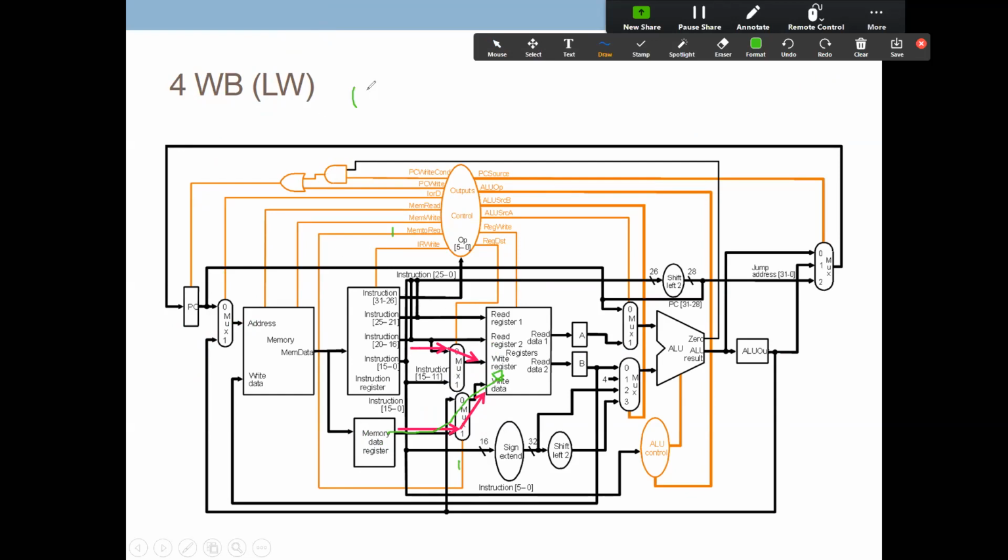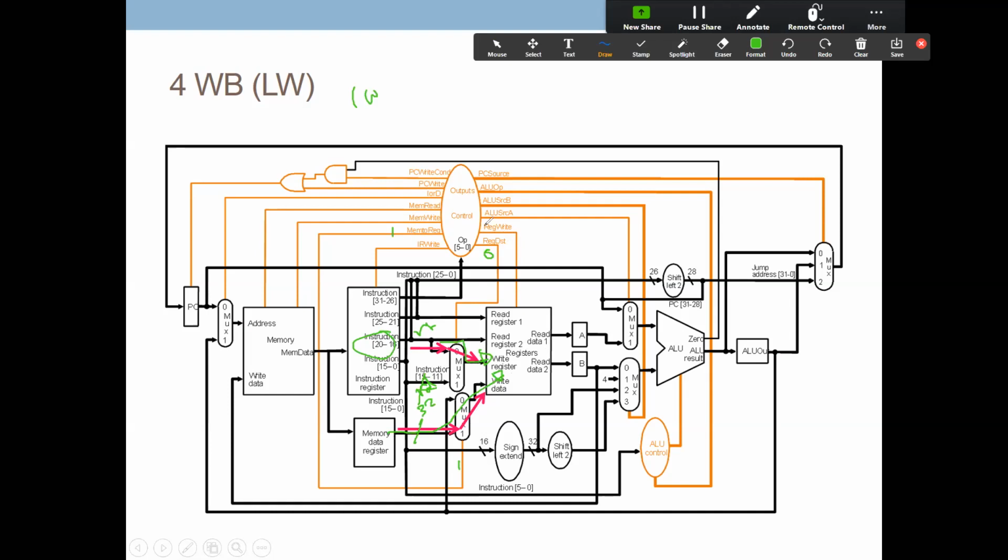And since this is a load, the destination register is not the RD. The destination register will be the RT, which is bits 16 to 20, and then our register destination will have the value 0. If we select the RT, we actually pass the proper data, the 32 bits we want to write to the register.